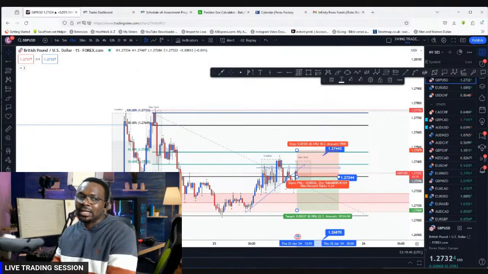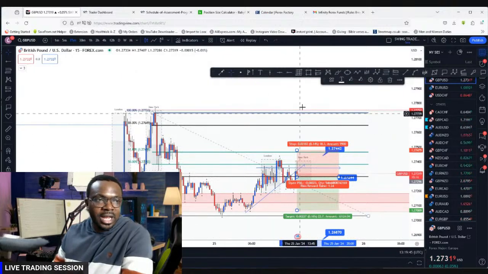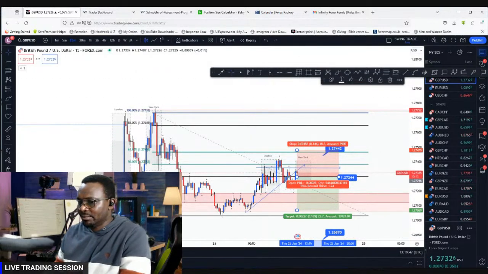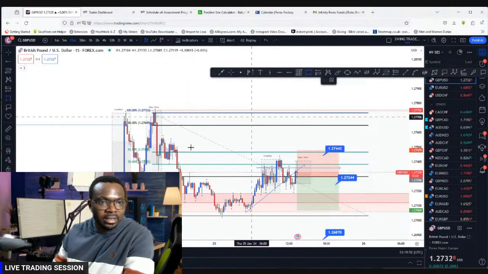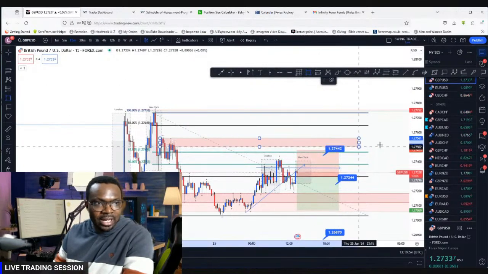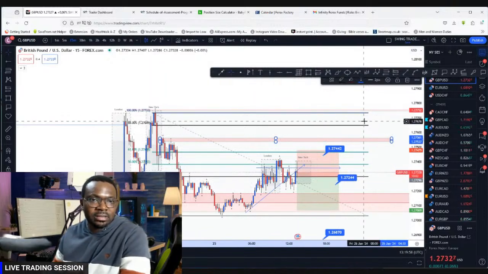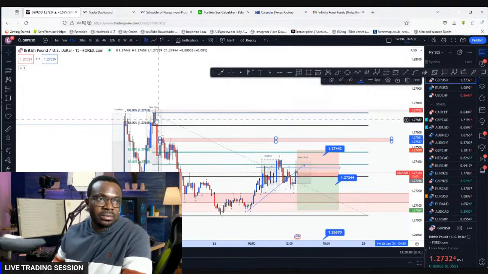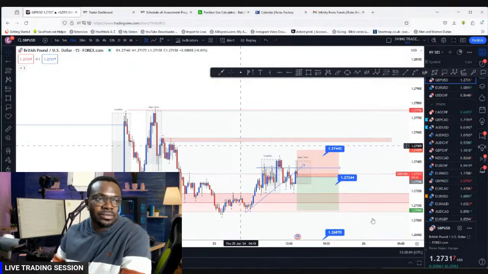But if it pushes higher and comes up there, I'm looking at this zone right here that price may not break out of at all. Then it will still be my sell zone. That's still my sell zone.